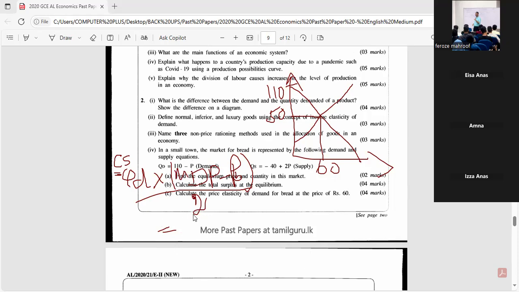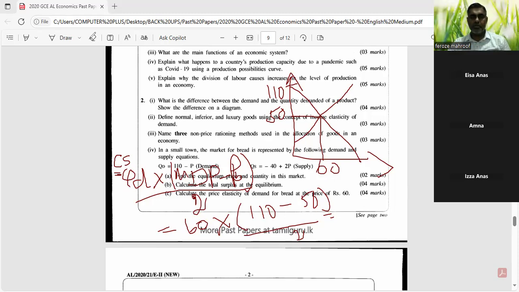So QD here is 60. Maximum demand price 110 minus buyer's price, which is the equilibrium price, 50, divided by 2.